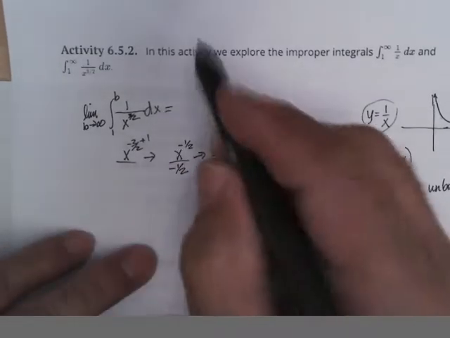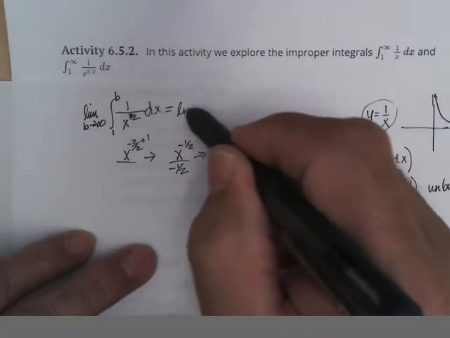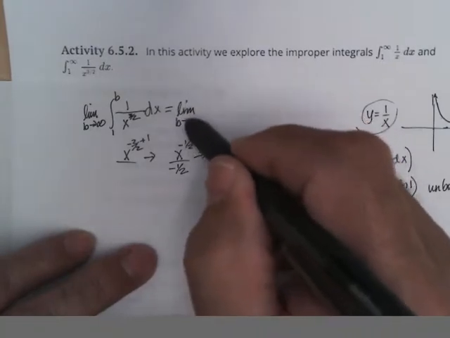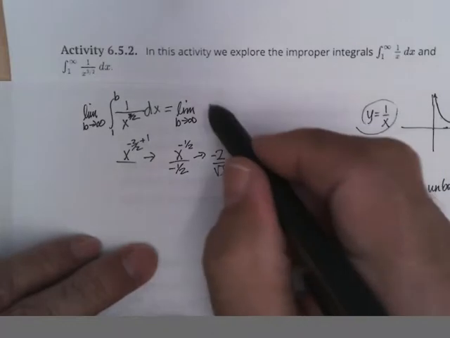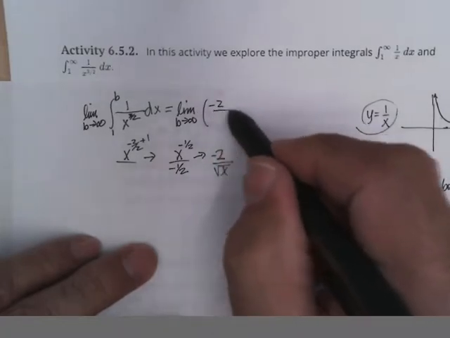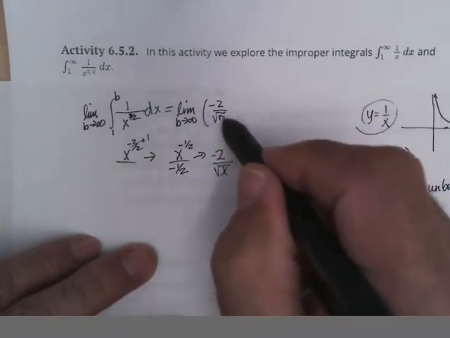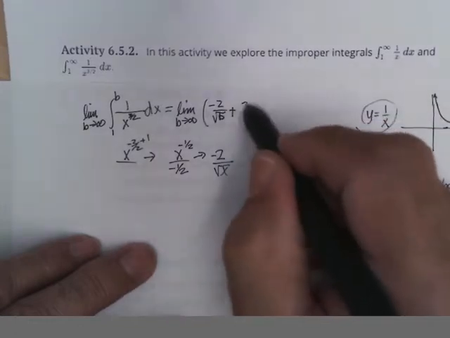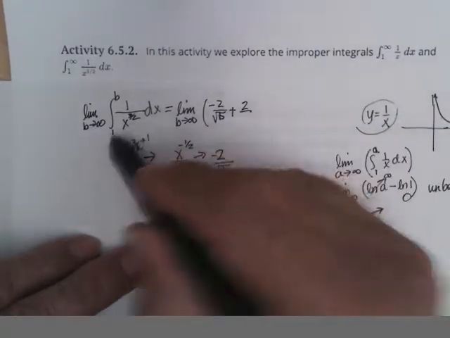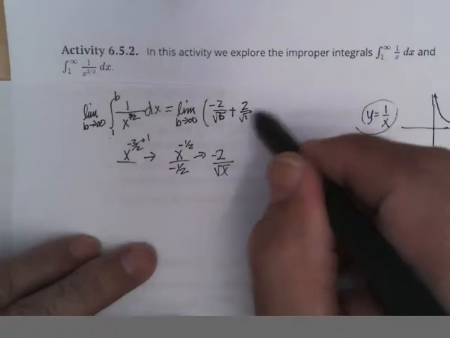So this becomes the limit as b approaches infinity. I'll put b into this, so I get negative 2 over the square root of b minus a minus, so plus 2 over the square root of 1.